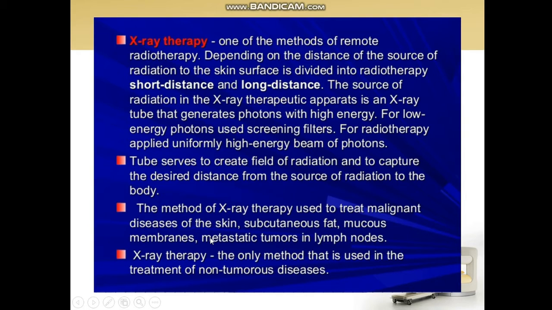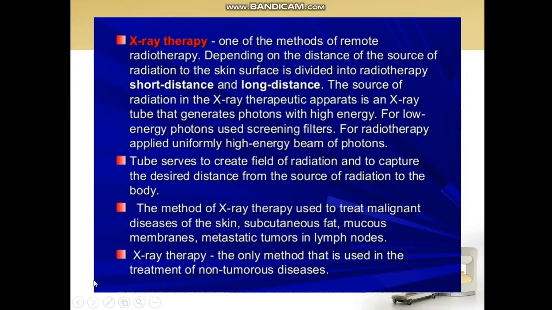body. The method of X-ray therapy is used to treat malignant disease of the skin, subcutaneous fat, mucous membranes, metastatic tumors, and lymph nodes. X-ray therapy is the only method that's used in the treatment of non-tumor disease.